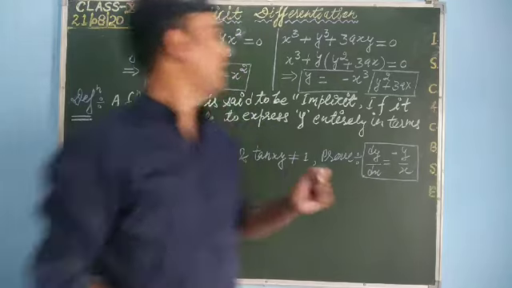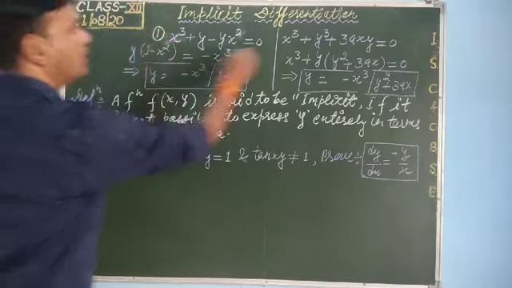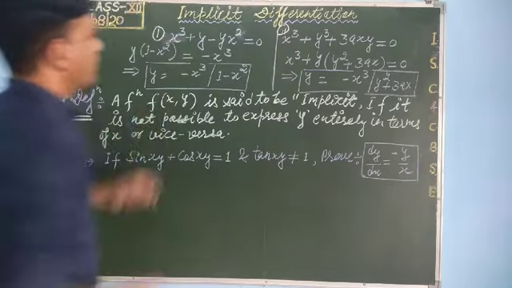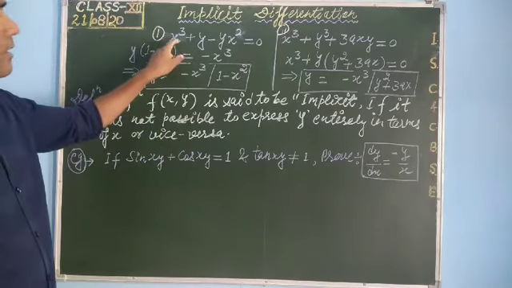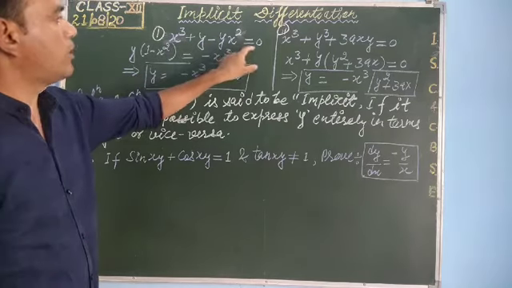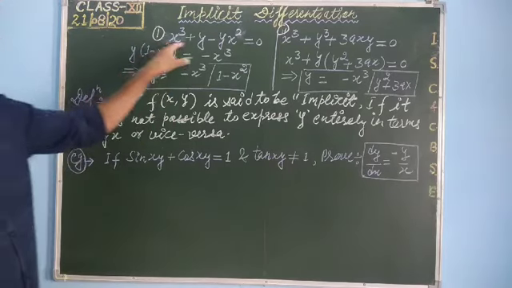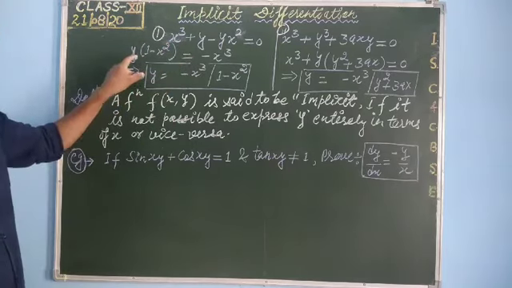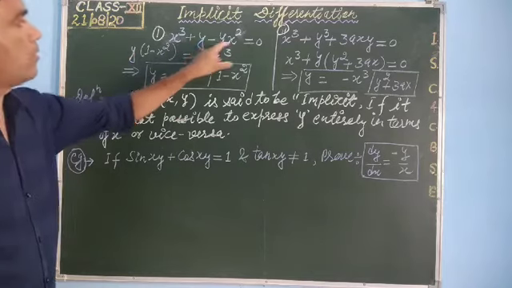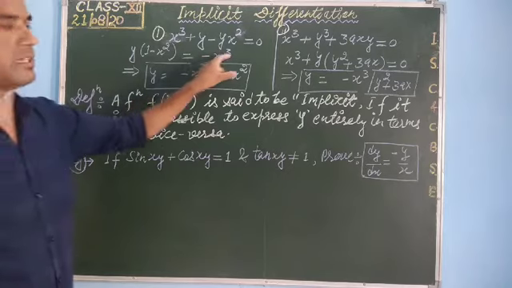See students, here I have taken two examples. First one is this and second one is this. In this example, you see that this is an equation in algebraic form, x cube plus y minus yx square is equal to 0. If I try to express this in terms of y, taking y common from these two terms, I will get y into 1 minus x square is equal to minus x cube.